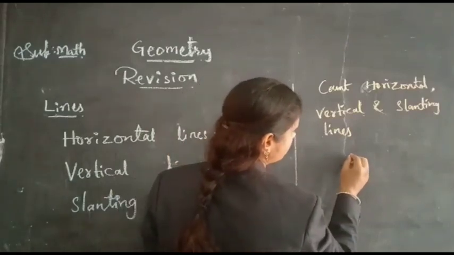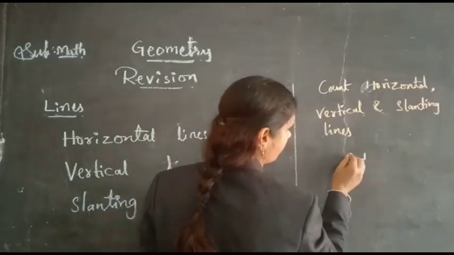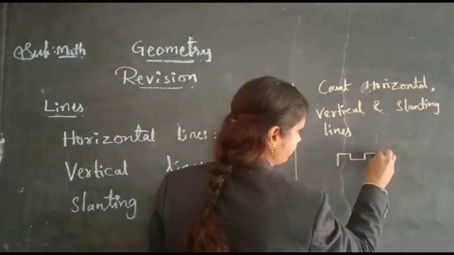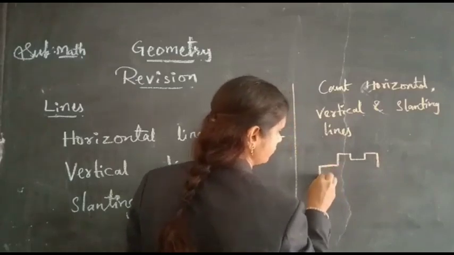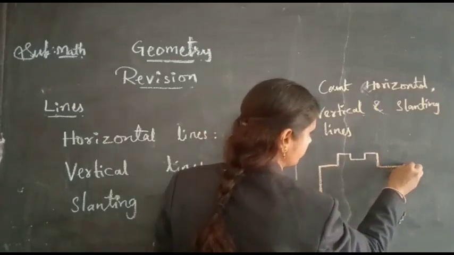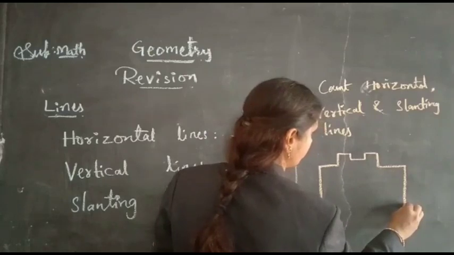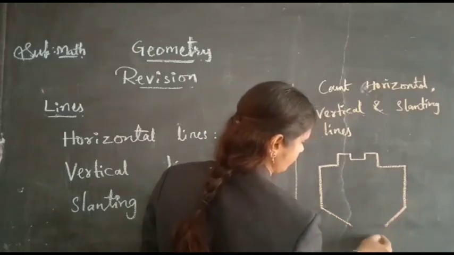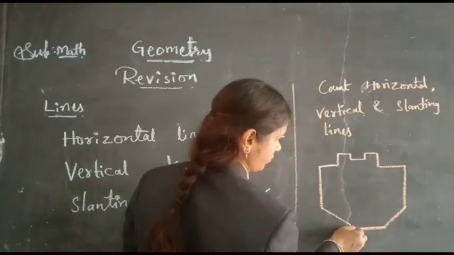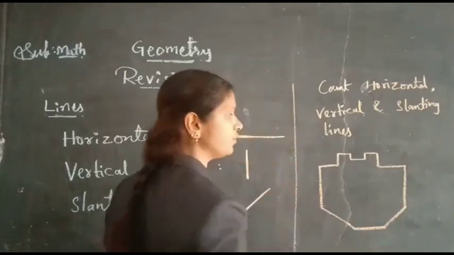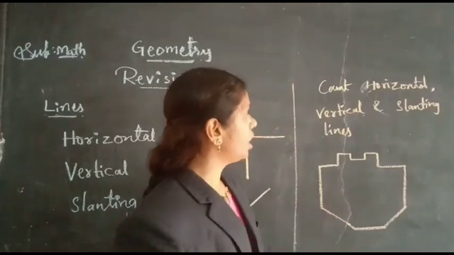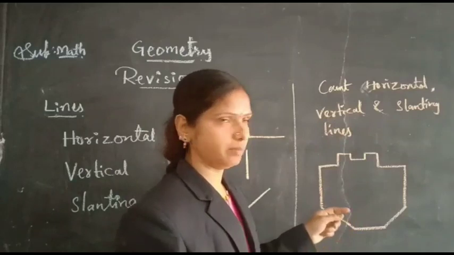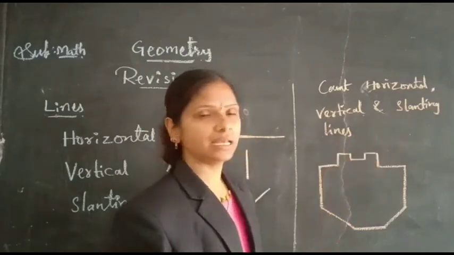Once you see, children, here. So this figure I gave, children, you need to count how many horizontal lines in the given figure, how many vertical lines in the given figure, and how many slanting lines in the given figure.